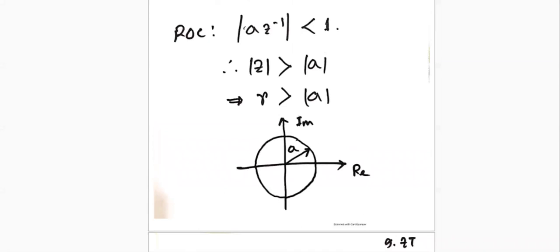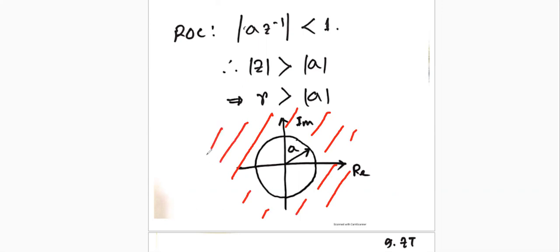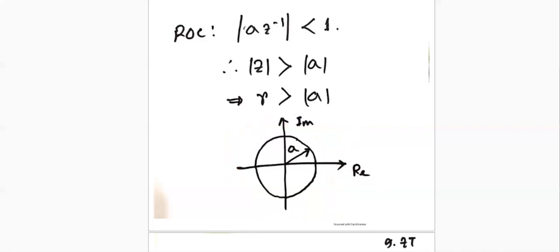We have found that the ROC will cover r, which is more than a. So the solution is more than a. All the values more than a are the solution plane for the z domain representation.